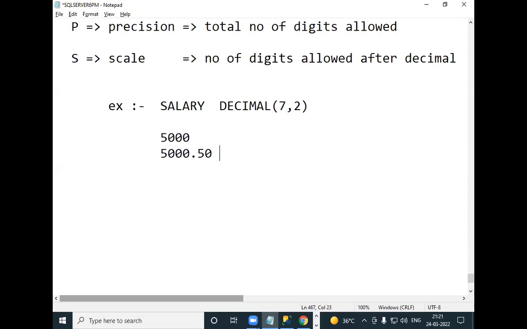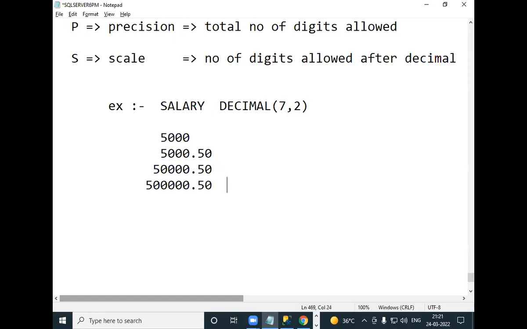Allowed. I entered 50,000.50. Allowed or not allowed? Allowed, because before decimal how many? 5. After decimal how many? 2. Allowed.